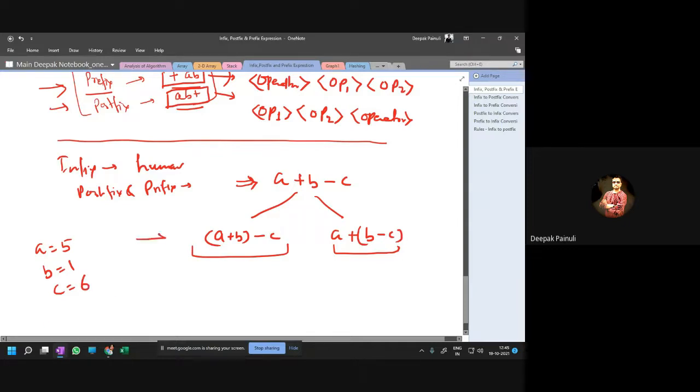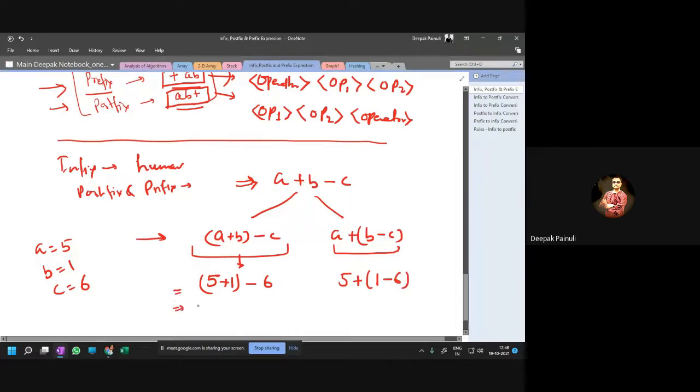If you evaluate these expressions using those values, you will get different answers for the two evaluations, right? So here 5 plus 1 minus 6, and here 5 plus 1 minus 6.